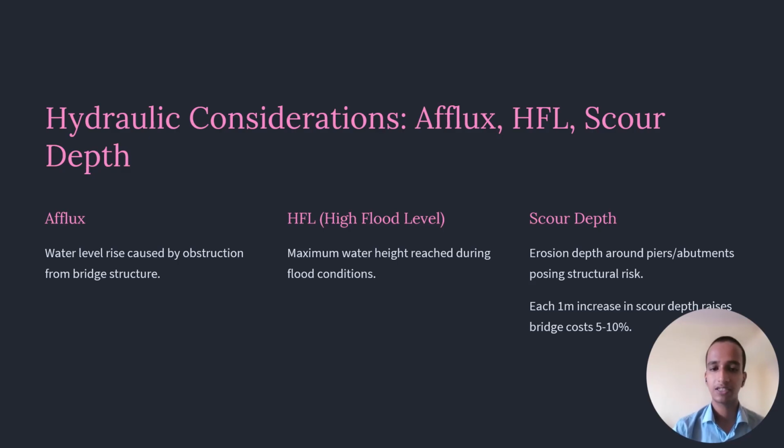Second is the high flood level, HFL, which is the maximum water height reached during flood conditions. At the time of rainy season, you may see the water level rises in the river, due to which accidents may occur. Sometimes we may see cases of vehicles, small lightweight vehicles, flowing away.